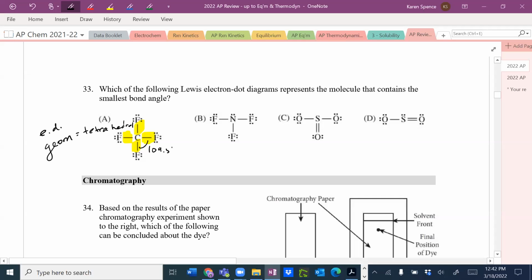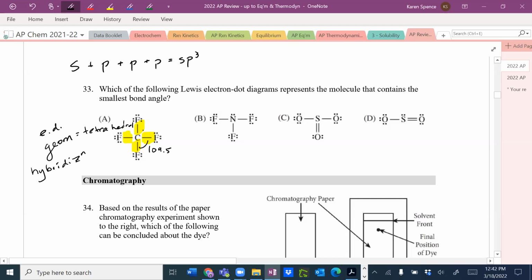And what is the hybridization? We need 4 things. So I need an S, a P, a P, and a P. So that's sp3 hybridized. Okay, good. So we have 109.5 and all the fluorines are all the same, so that's a solid 109.5.